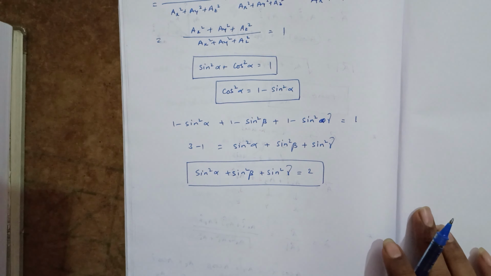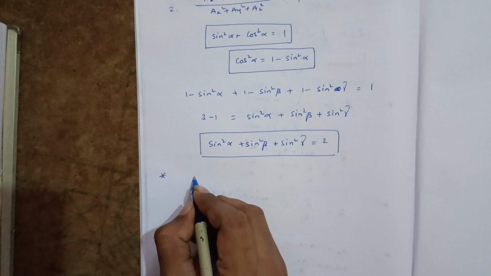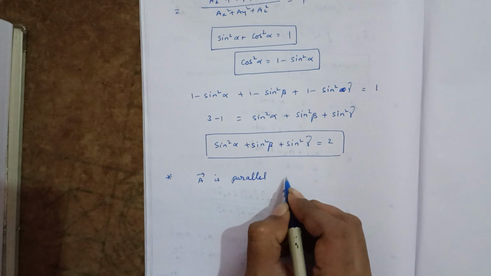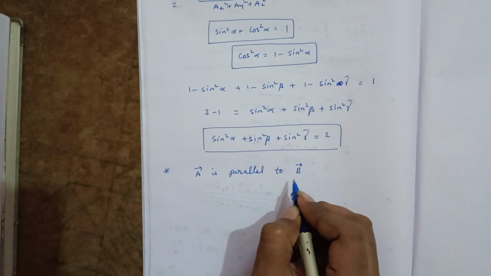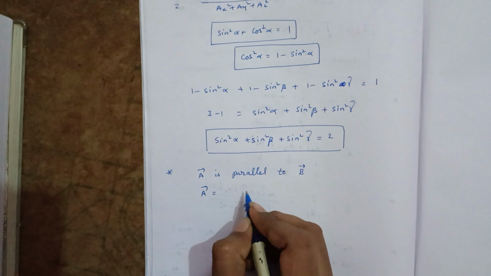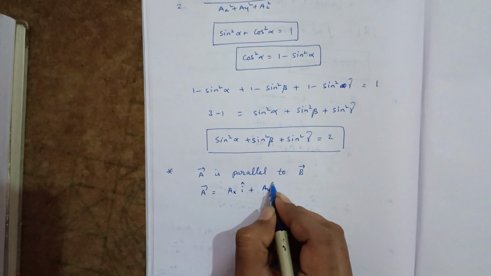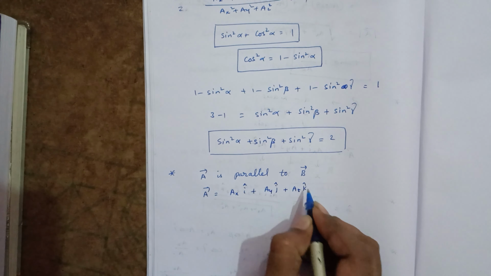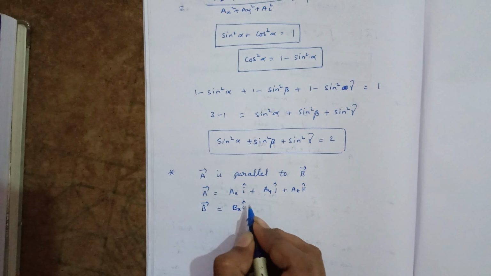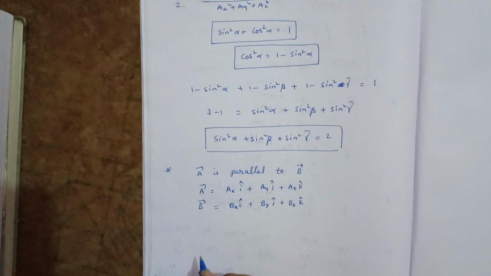Now another one. If two vectors are parallel to each other, for example a vector is parallel to b vector. Vector A we can take as AX i plus AY j plus AZ k, plus B vector, we can take BX i cap plus BY j cap plus BZ k cap.